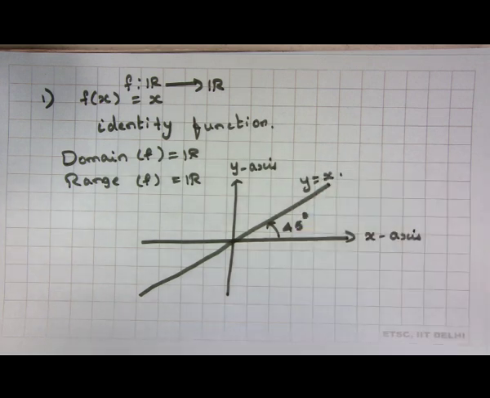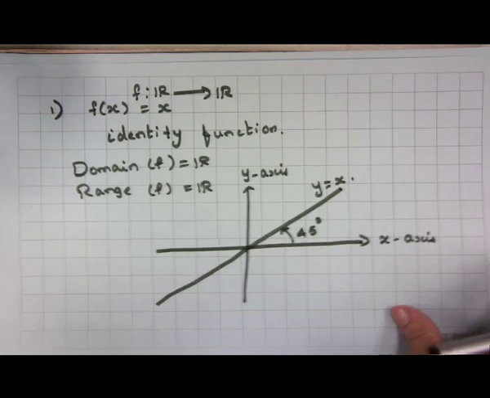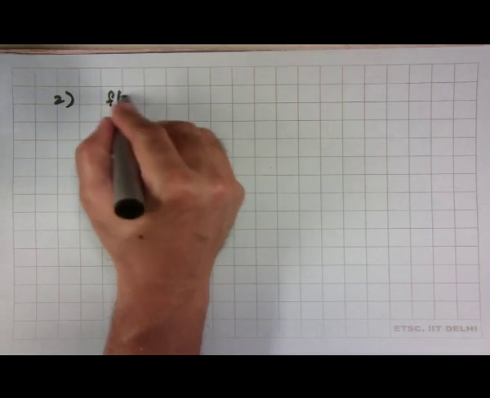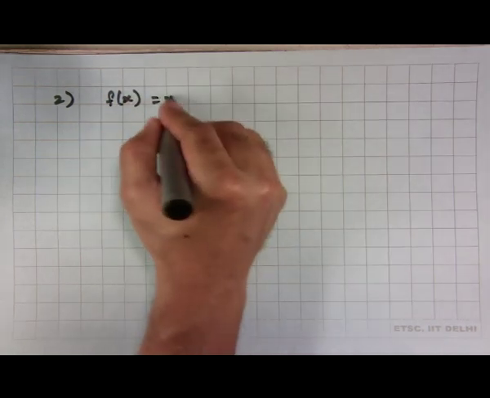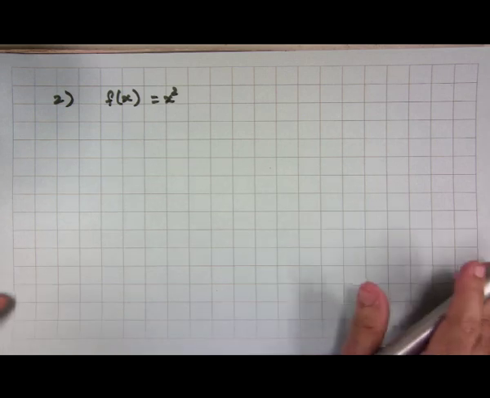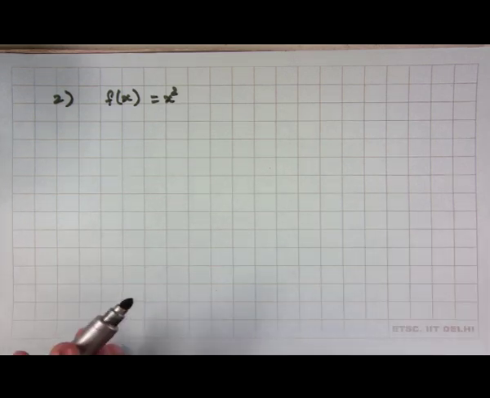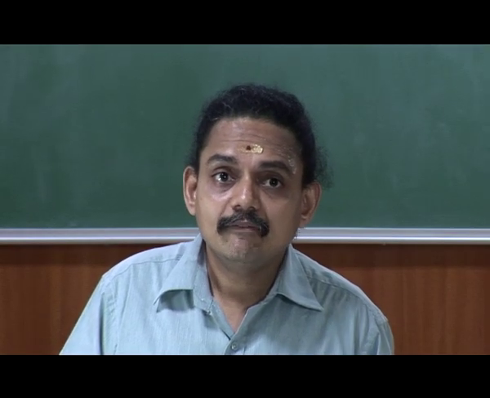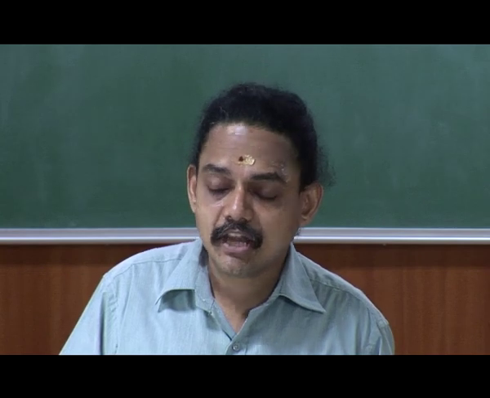Now, let us look at one more function which we have already seen, that is f of x equal to x square. We know that the domain of f in this case is whole of R, and the range of f is all those y which are greater than or equal to 0.